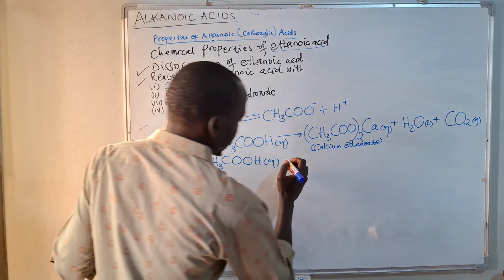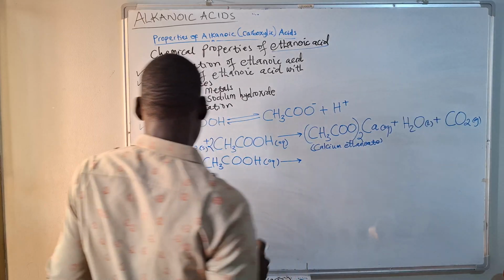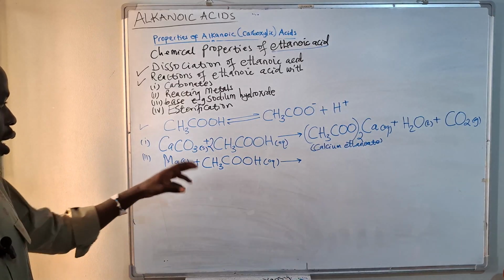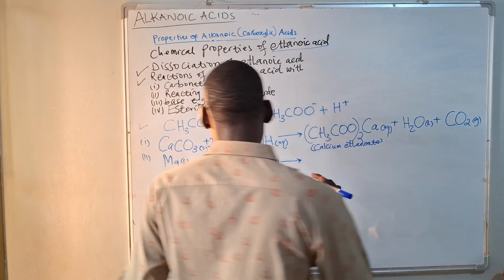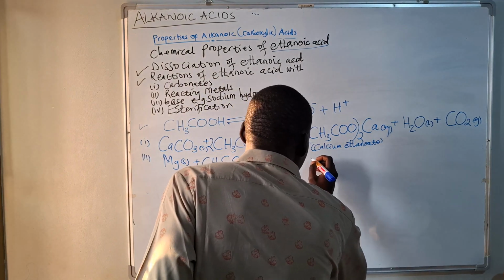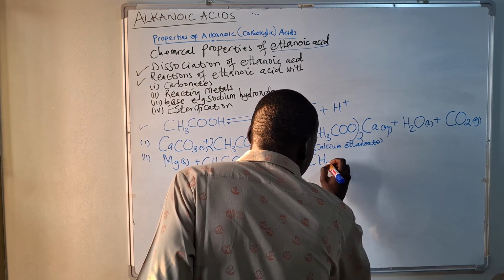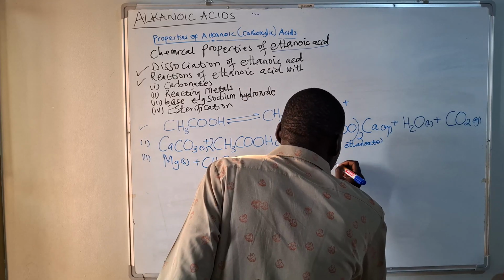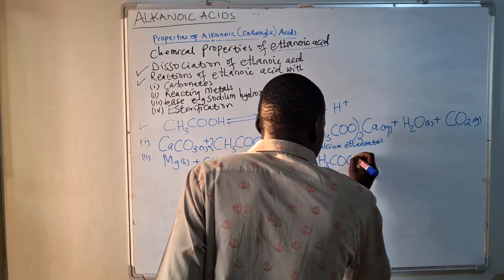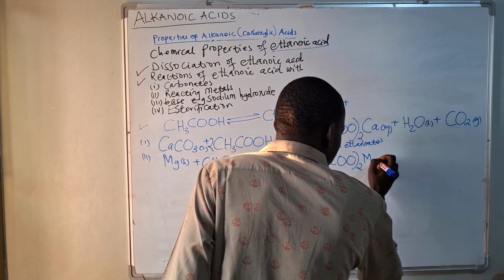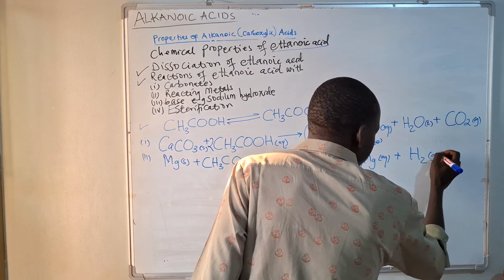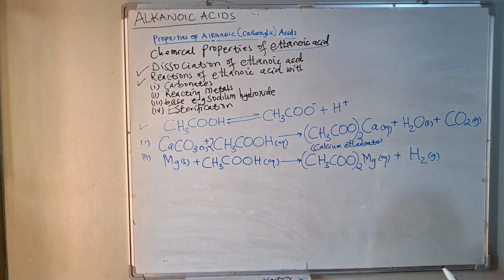We shall be in a position to produce a salt at the same time, but this time round, when reacting metals react with acids, in most cases hydrogen gas is liberated. So we shall have CH3COO in bracket, put 2, magnesium, aqueous, plus hydrogen gas.